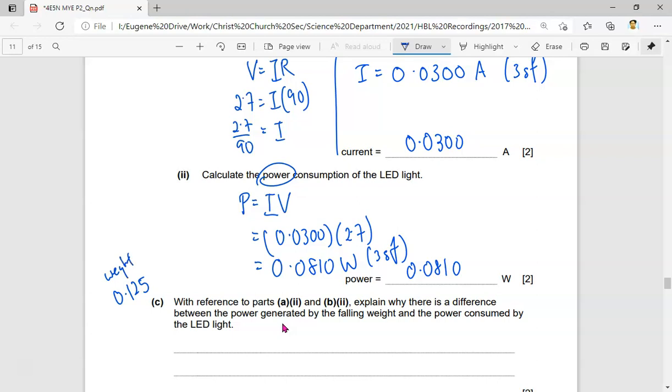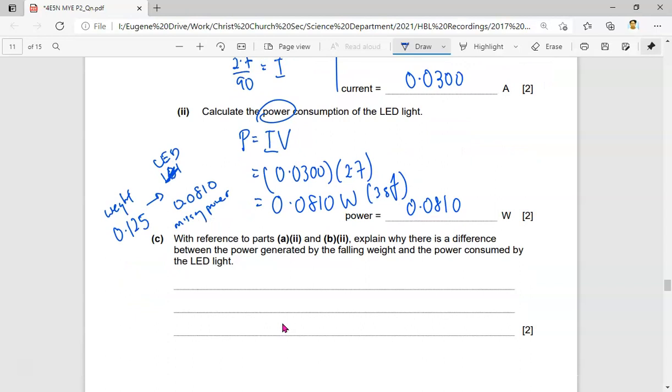When it's converted into the LED, the power consumption is 0.0810. So in terms of the energy conversion, 0.125 only converts to 0.0810. So there's some missing power. So the question is, why is there a difference? So energy is lost to the surrounding.